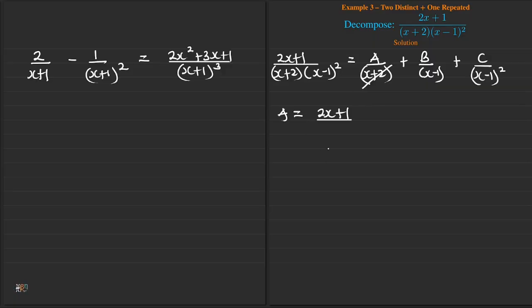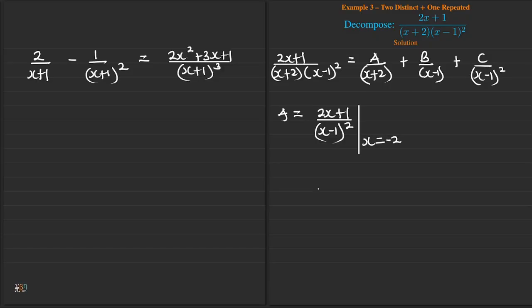So with that, we have what? (x minus 1) all squared, but then we'll evaluate it. We are going to evaluate it at x equals the value that makes A's denominator 0, and that is negative 2.